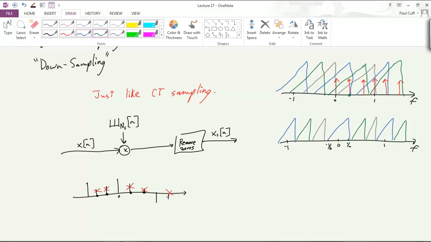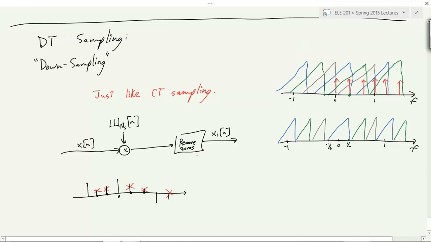so this process here basically relabels the frequencies since we removed a factor of 3. There were 2 zeros between each sample. Then these get relabeled, so that becomes negative. That becomes a half. That becomes minus a half.